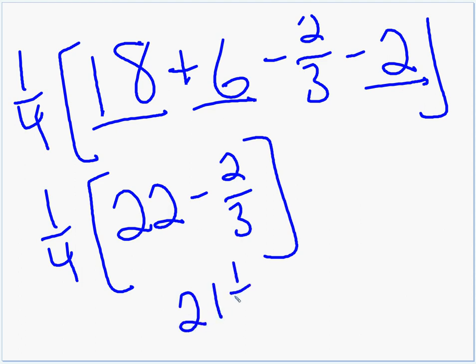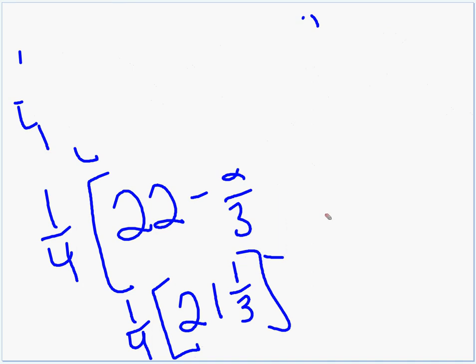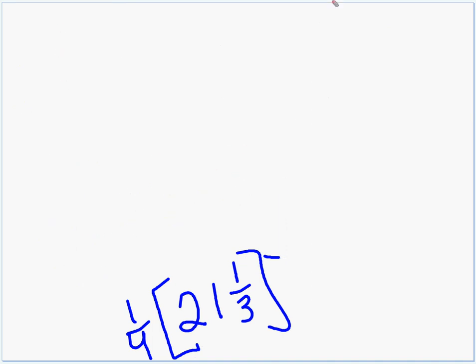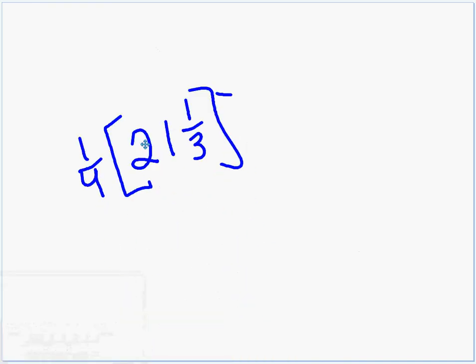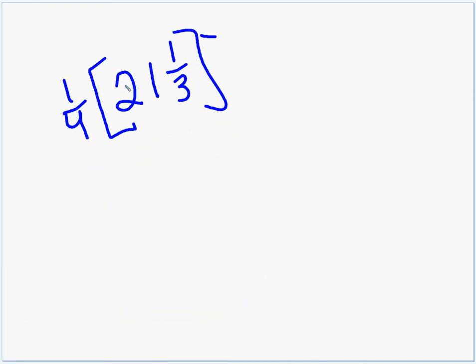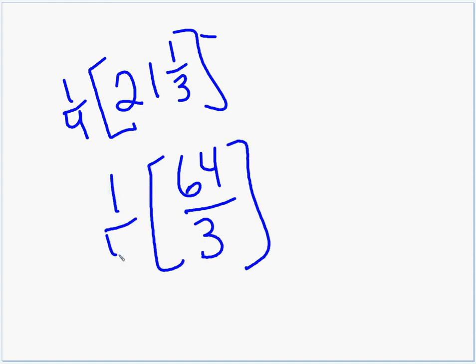Oh, I hope this worked. And I'm going to turn that 21 1/3 into an improper fraction. So let's see, 3 times 21, that's 63, plus 1 more. 63 plus 1 is 64 over 3 times 1/4. And if we just multiply straight across, we'll have a 12 in our denominator. 64/12.